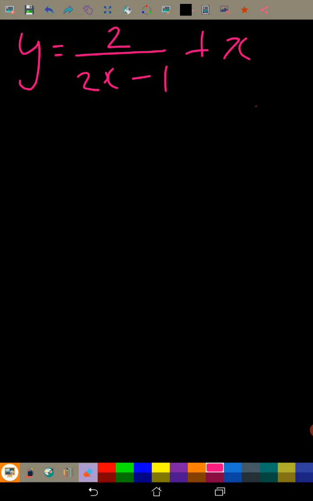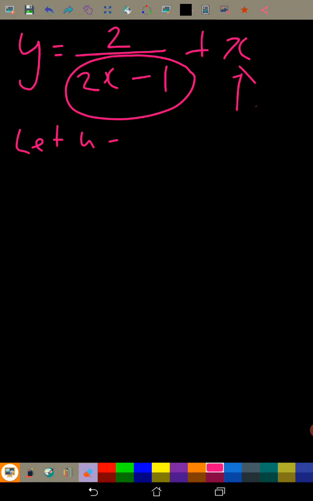So I will rewrite the function. This is 2 over 2x minus 1 plus x. So what we can do here, we can do a substitution of this. Okay, so this we know how to differentiate, but to differentiate this, we can say let u is equal to 2x minus 1.